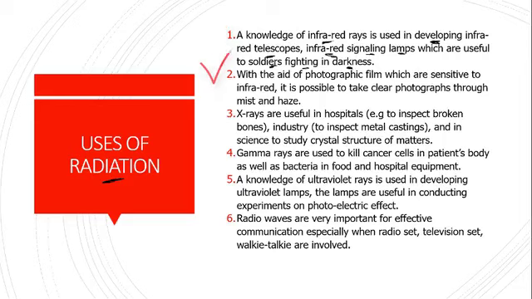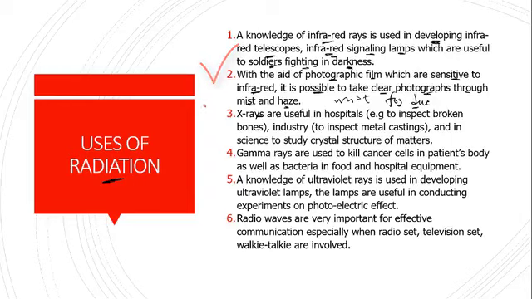The second one is that with the aid of photographic films, which are sensitive to infrared, it is possible to take clear photographs through mist and haze. When we talk about mist, we mean a situation caused by fog and dew, where we can't see clearly, but with photographic films sensitive to infrared, it's possible to take pictures under such difficult conditions.